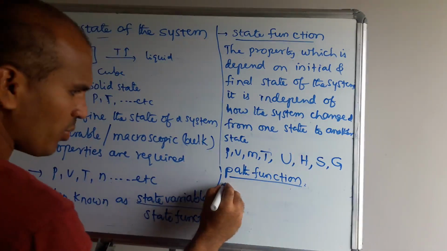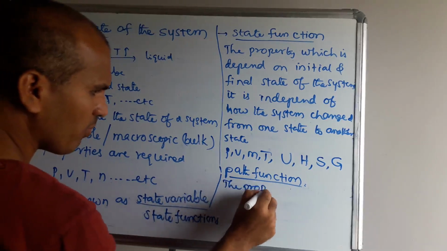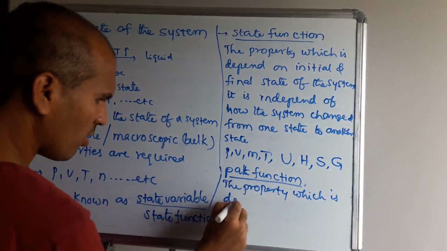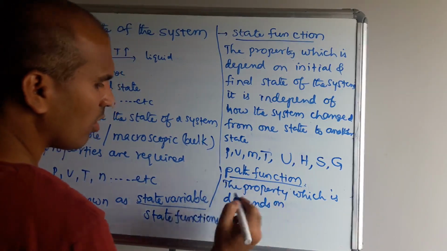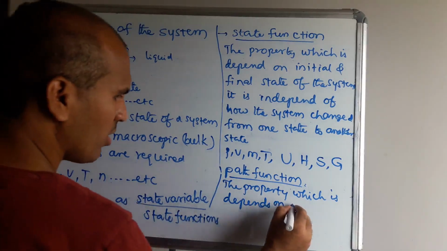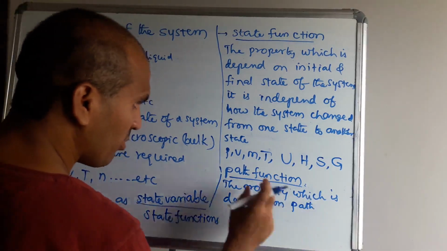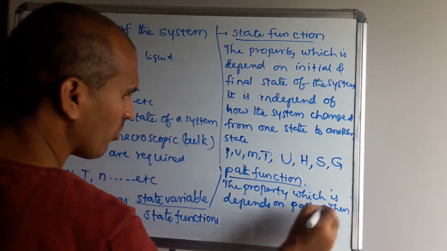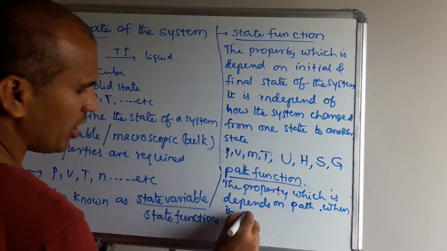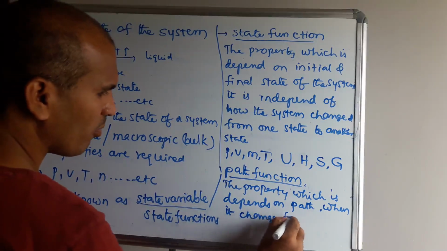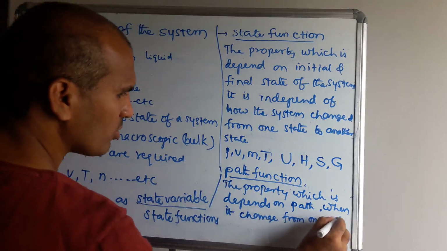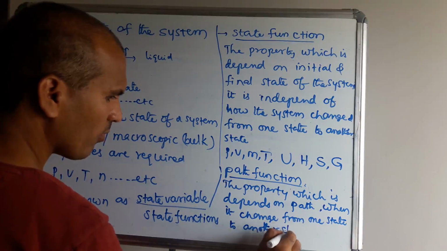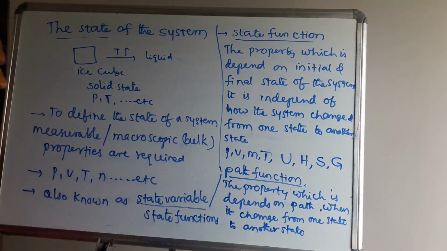Now the property which depends on the path, how it is converted when it changes from one state to another state, that property is called path function.